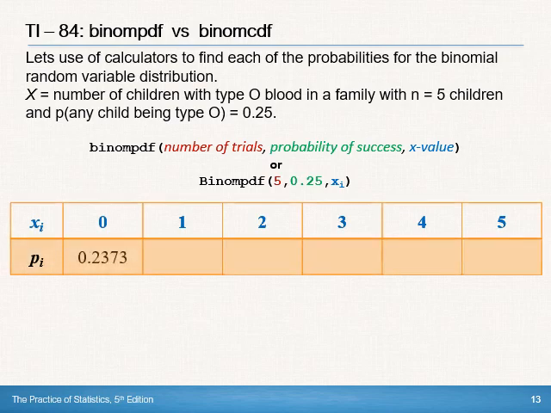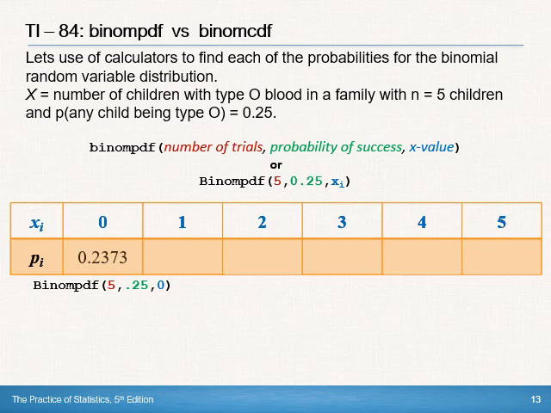So the first one, 23.73, we would find by using binomial PDF with a 5, the 0.25, and the 0. This will give us the probability of getting 0 children with O blood, with 5 children and the probability of success 25%.